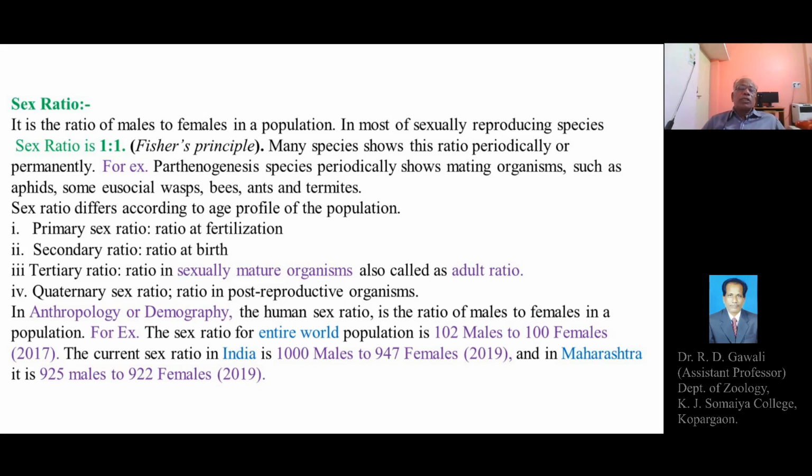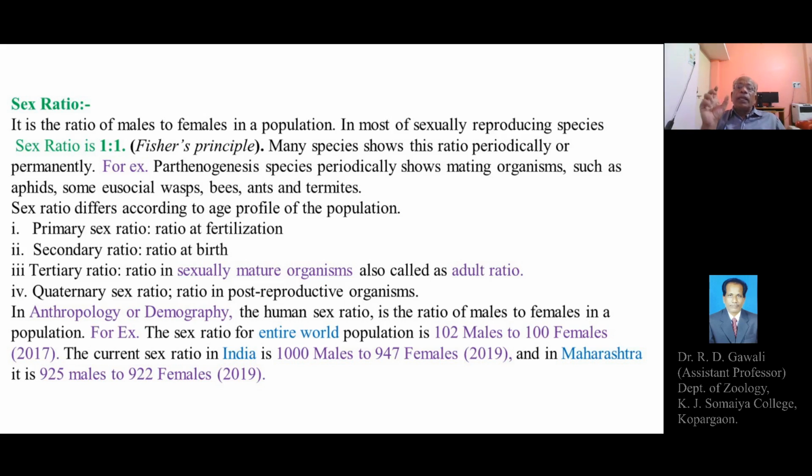In anthropology or demography, the human sex ratio is the ratio of males to females in a population. For example, the sex ratio for the entire world population is 102 males to 100 females.